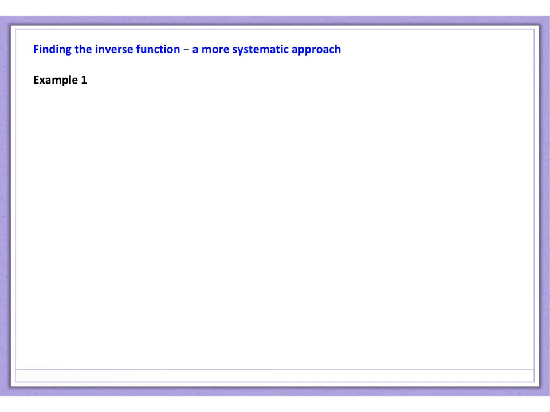Now, this approach of drawing a forwards and then reverse flowchart to find the inverse function works quite well for the simple examples that we have seen so far. It does not work well for more complex examples, and in some cases it simply won't work at all. So we're going to have a look at a more systematic approach for finding an inverse function. Let's take an example to start with.